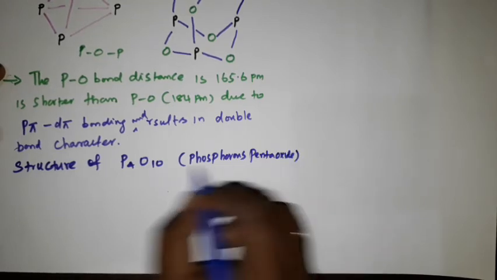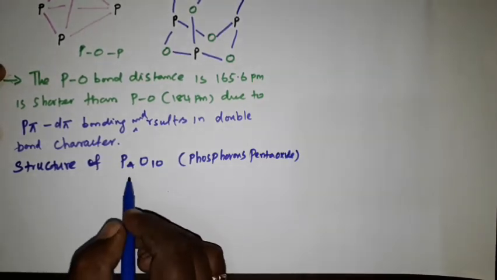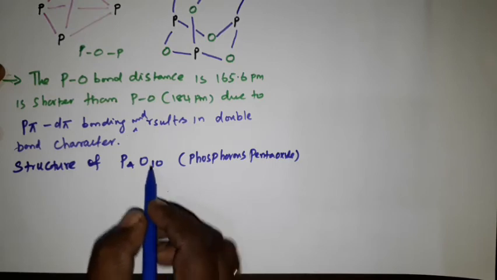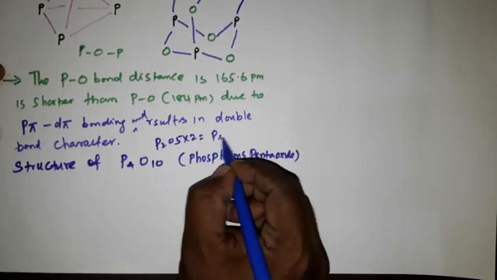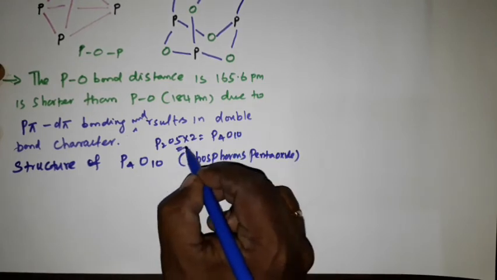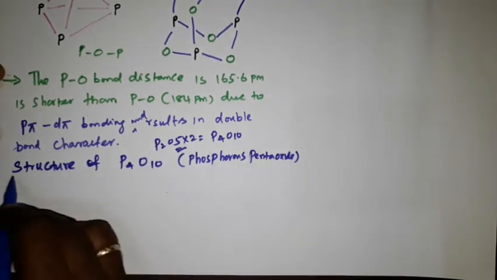Sorry, pentoxide, okay, not tetroxide. I said tetroxide. This is pentoxide because usually P2O5 into 2 we will get P4O10. 5 means that is pentoxide.